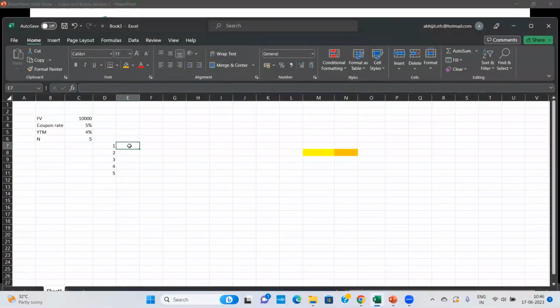So what is going to be my cash flow for year 1? It is again 5% of 10,000, right? And this continues for these 5 years.